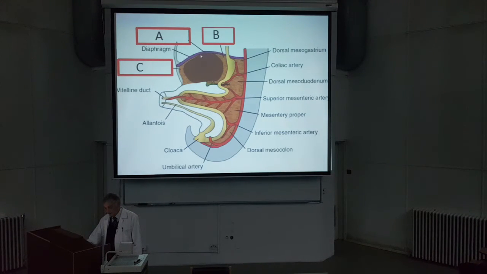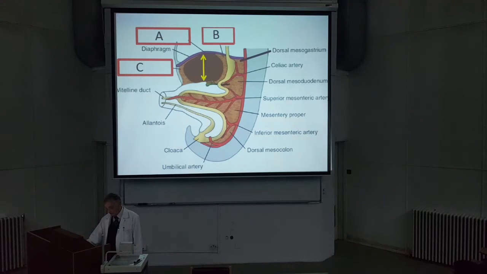Again, this is the septum transversum. When it gets developed, the top part is the diaphragm, and here's the celiac artery, and this is the stomach, this is the biliary system. This is the liver developing in the septum transversum.